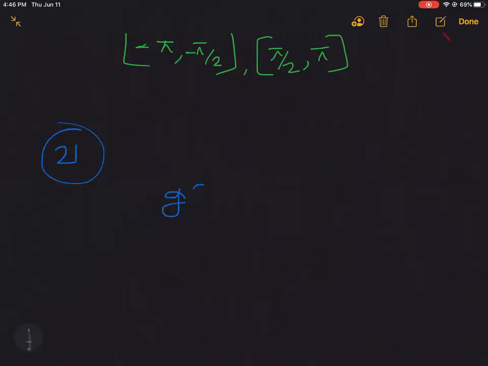21, g of x equals 2x squared plus 7. Okay, so the question is whether it's odd, even, or neither. If you have a graph, we can see whether it's symmetric with respect to the origin or the y-axis.